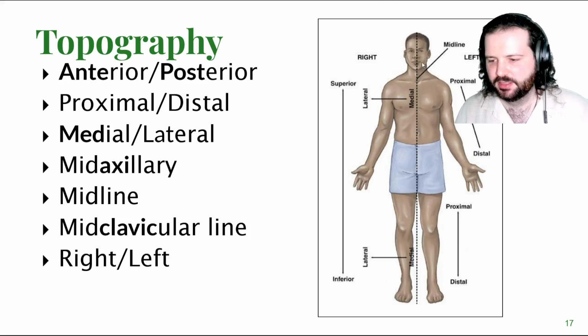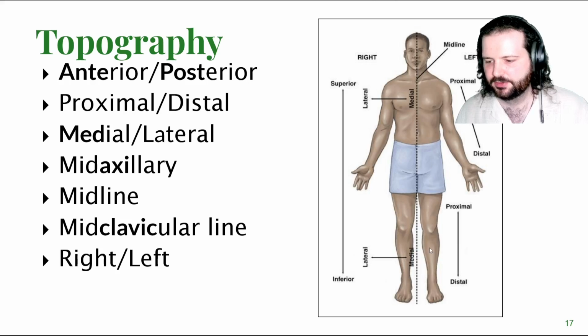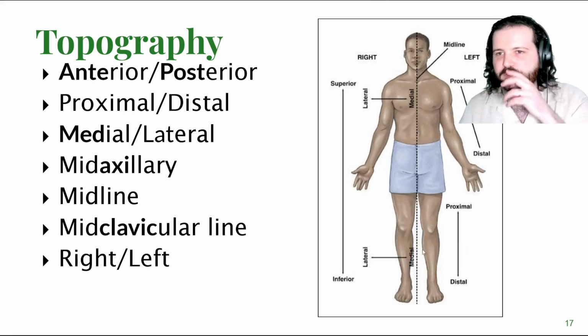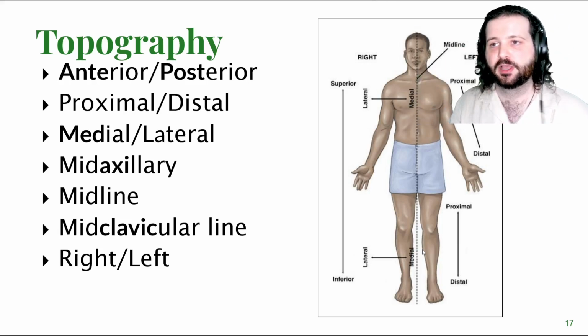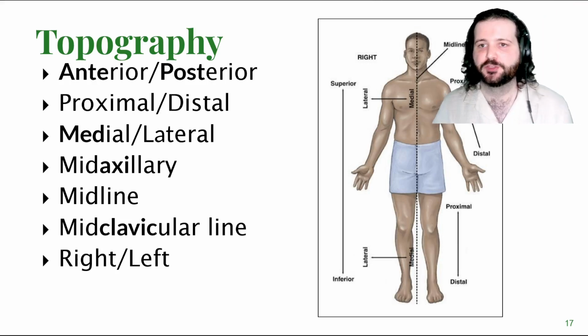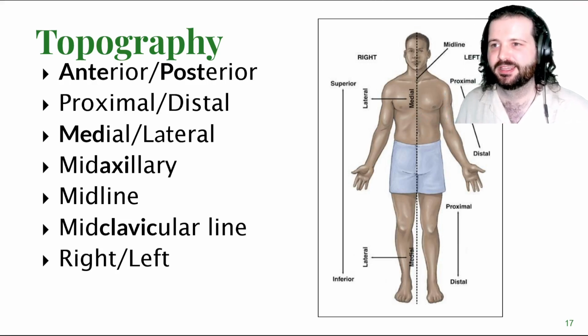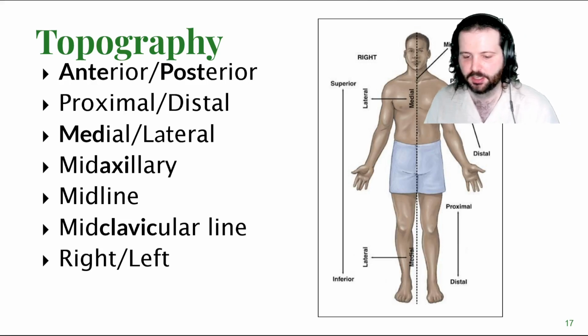If we were to divide this side in half again, right through the midpoint of the clavicle, that would be the mid-clavicular line. These are going to be important if you start learning how to do EKGs and things like that, because we use the mid-clavicular line and the mid-axillary line as really good landmarks when we're applying those patches.